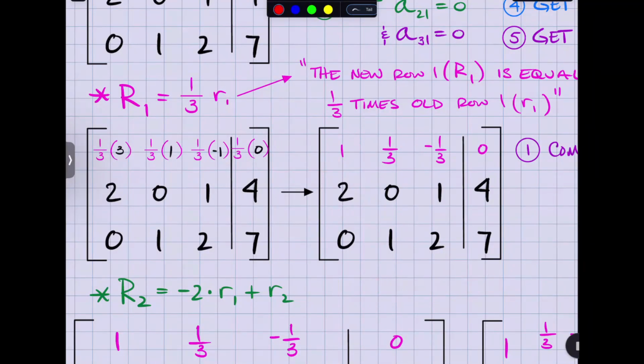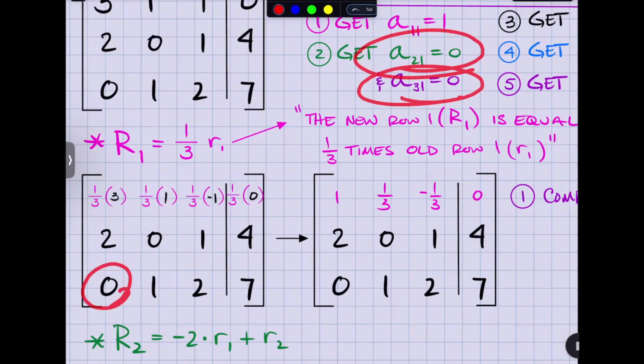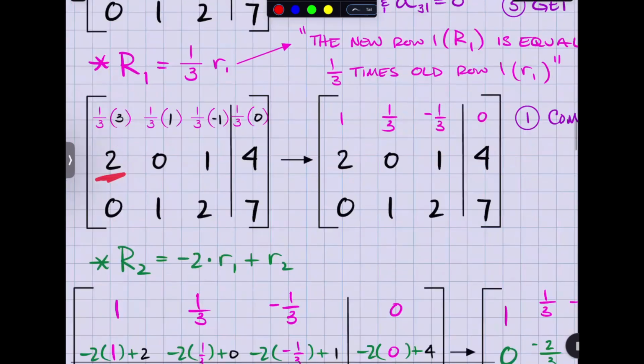So essentially 1 times a negative 2 plus 2 would give me 0. So step 2 was to make this a 0 and this a 0. Well, good news is that this is already a 0. So I got to make that a 0. So in order to do that, I want to take the new row 2 is going to be negative 2 times the old row, well, actually it's a new row 1, right, plus row 2.